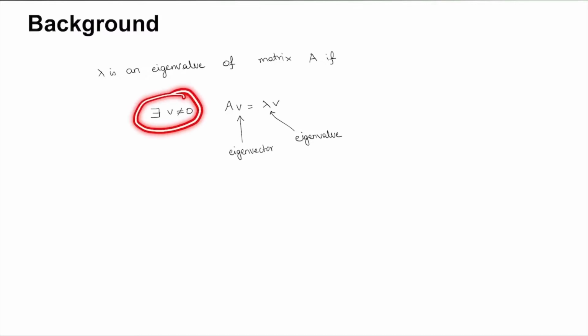There exists a non-zero vector V such that multiplying matrix A with the vector V is the same as scaling V by lambda, that is, AV = lambda V. This is the definition of an eigenvalue of the matrix A. In this situation, we say that V is the eigenvector and lambda is the eigenvalue.